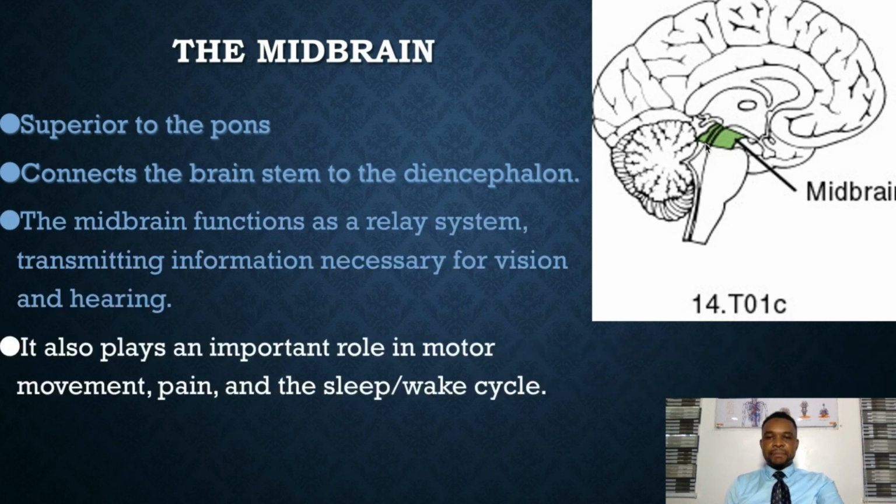It also plays an important role in motor movement, pain, and the sleep-wake cycle. So it is the midbrain that controls our sleep-wake cycle and is also responsible for some motor activity. When we talked about the basal ganglia, you also saw how some parts of the midbrain play a role in movement activity.